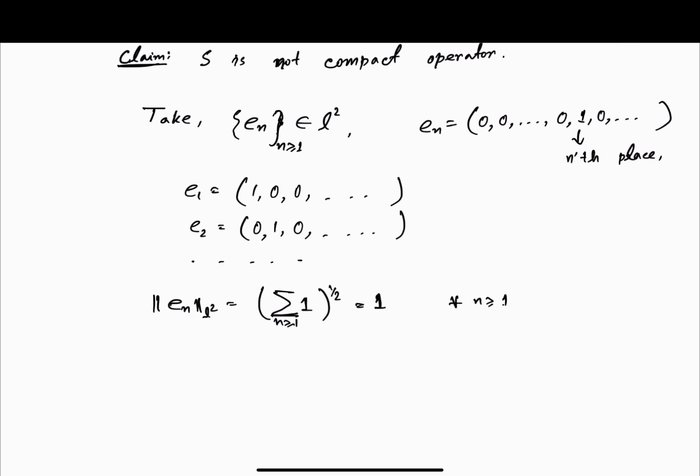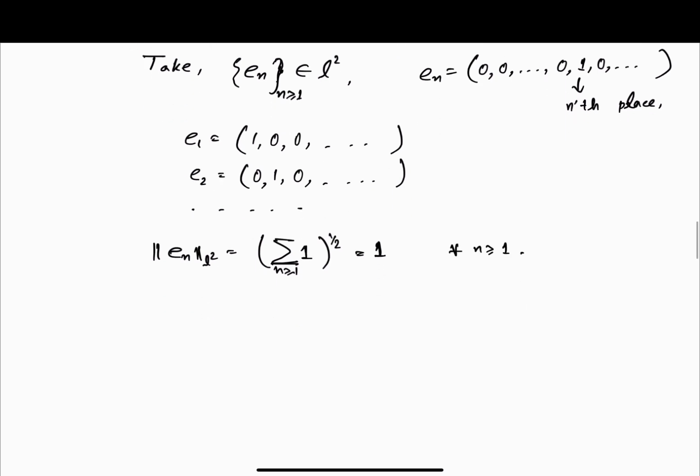Therefore the en are bounded, because all have norm 1. So en is a bounded sequence in l2 with respect to the little l2 norm.